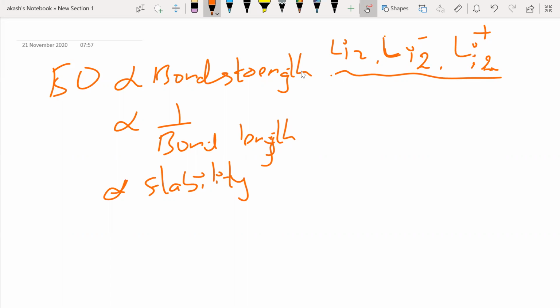So take some time and decide what is the order of stability of Li2, Li2 minus, and Li2 plus. Obviously, when they ask you about stability, you have to go for calculation of bond order. Just go calculate.